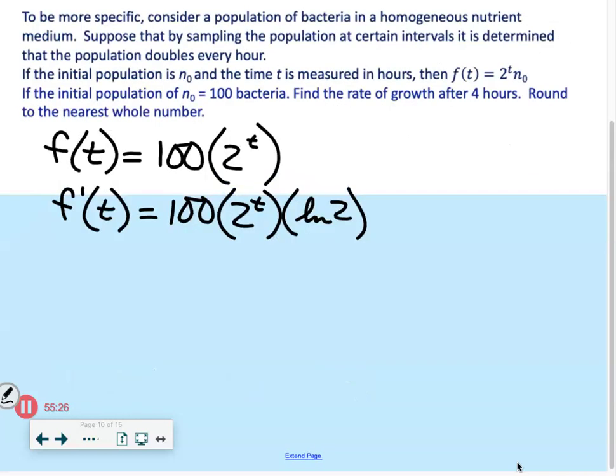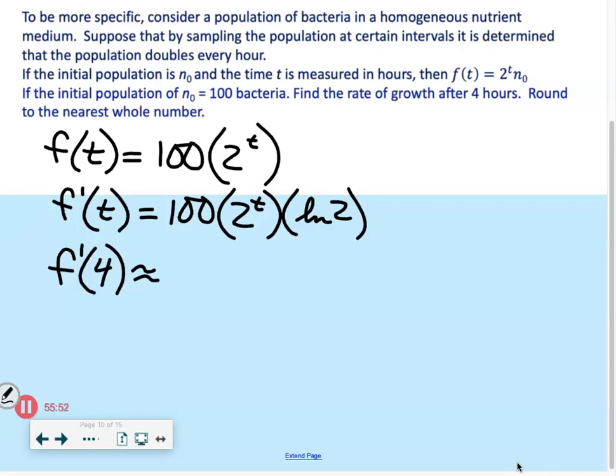All right, so if I want the rate of growth at 4 hours, I'm looking for f prime of 4. So you could just tell me it's 100 times 2 to the 4th times ln2, and that would be exact. But I want to see if you guys can find this as a decimal. So hand your calculator to someone else in your group and let someone else crunch the number on this one.